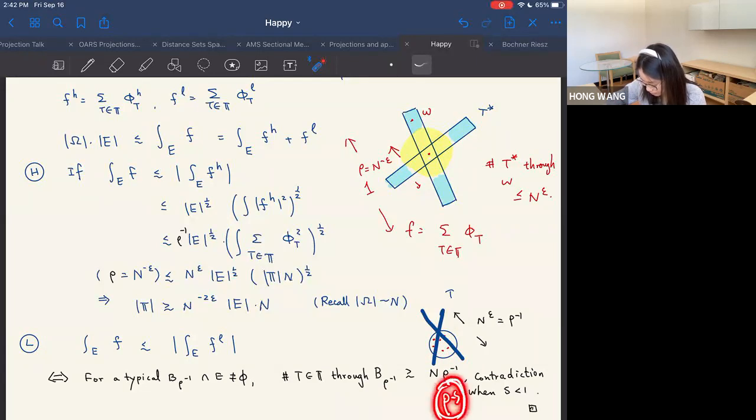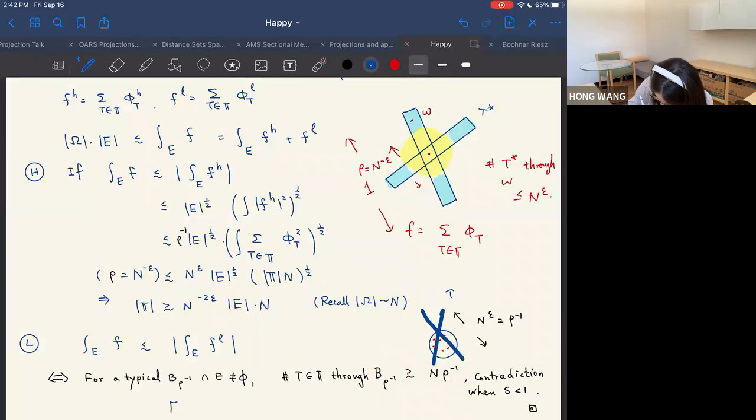So even if at each point we have n tubes through this point, and we suppose that the tubes do not intersect at all, we will have at most n times rho to the minus 1 many tubes through a thick ball.